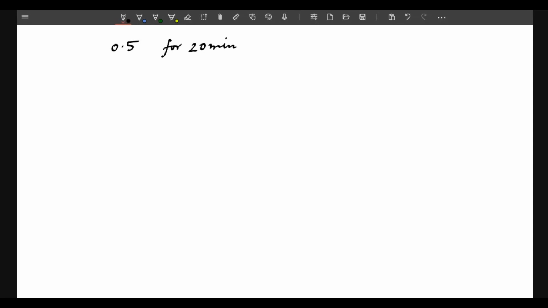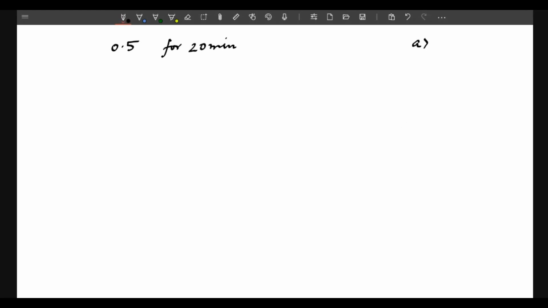What is the pH of the resultant solution?